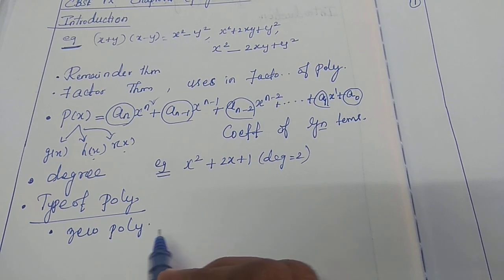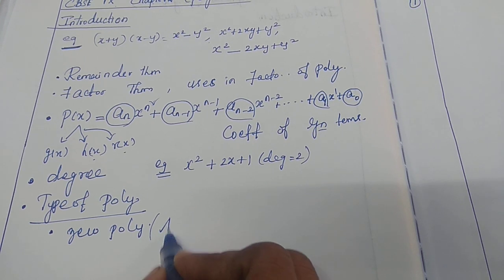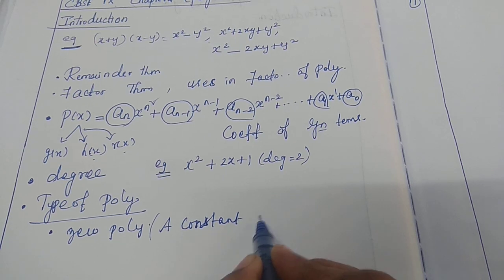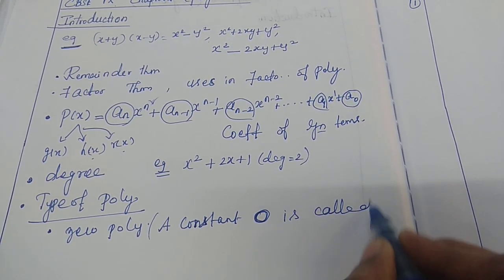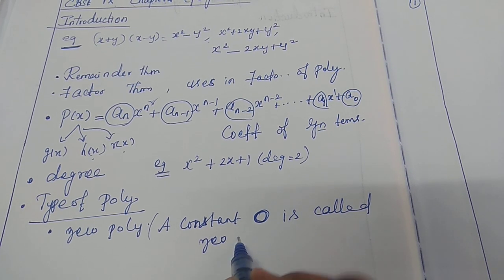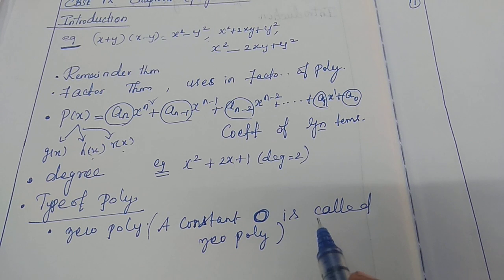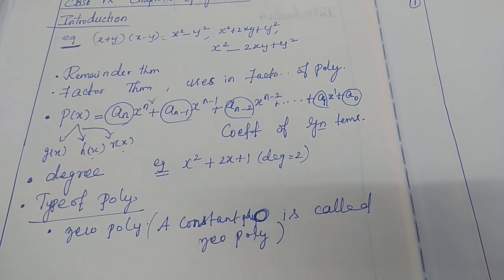Zero polynomial is a constant. So a constant zero is called zero polynomial. A constant polynomial 0 is called zero polynomial.